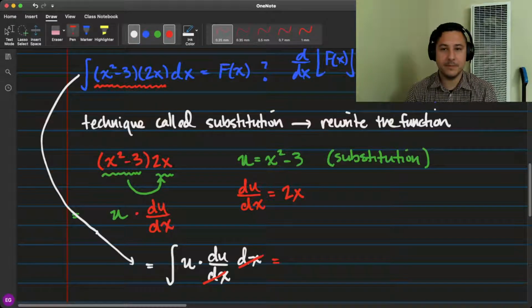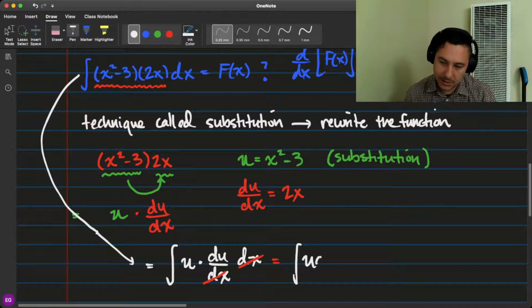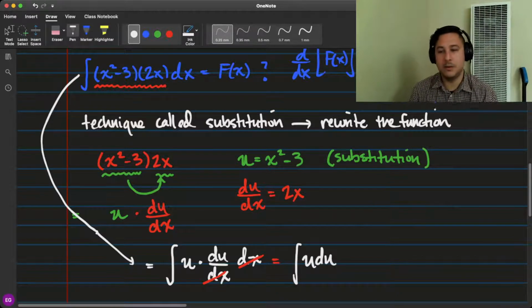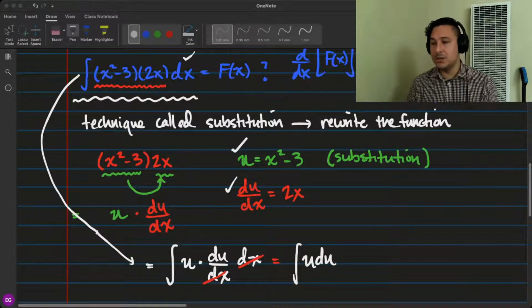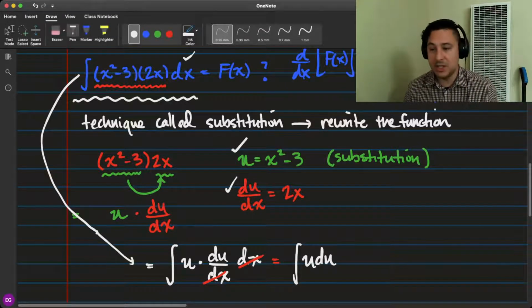And now you get a new integral, u du. So I started off up here. I replaced the x squared minus 3 with u, like what I said up here. I replaced the 2x with du dx, and then the dx is just from the dx right here. The dx differentials canceled, leaving me with just u du.